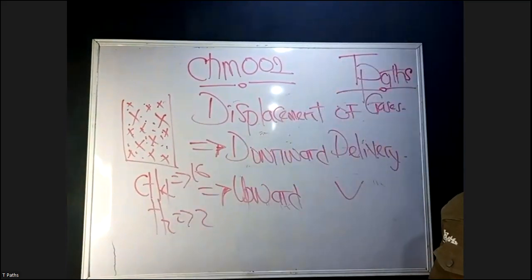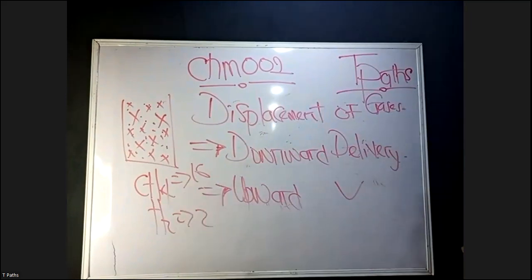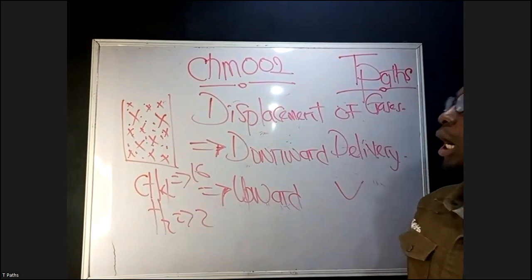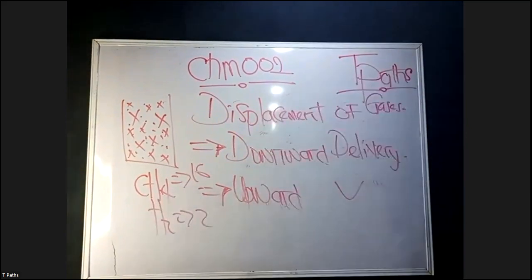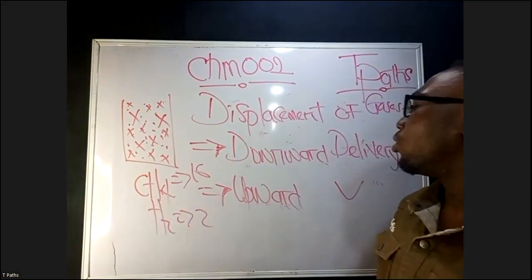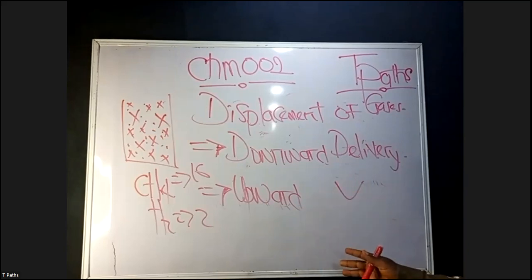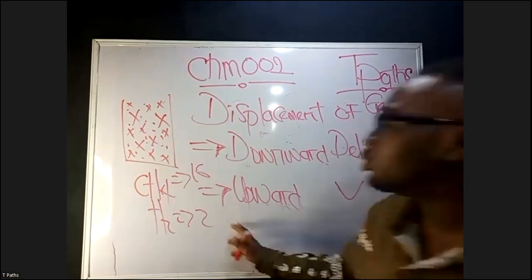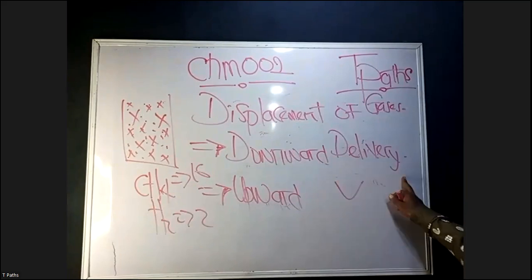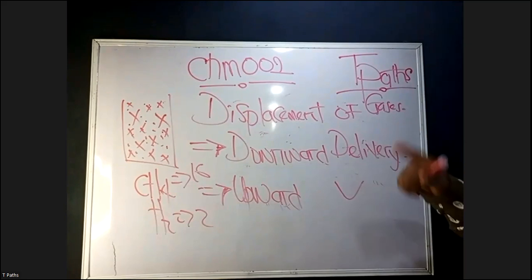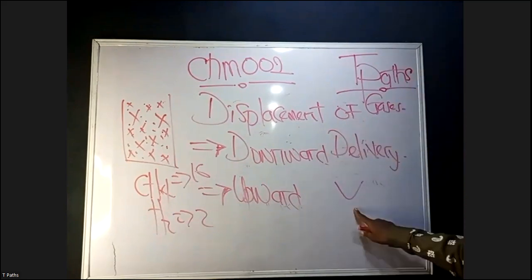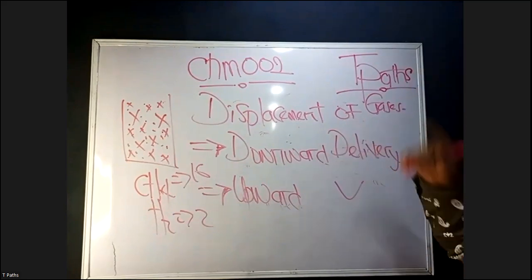What you can see here is that CH4 has a higher molecular weight than hydrogen gas. Now, how does delivery come into play here? If I want to remove hydrogen gas, I can do it through downward delivery or upward delivery, meaning downward displacement or upward displacement.